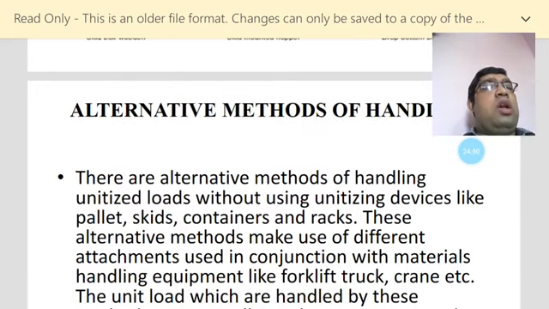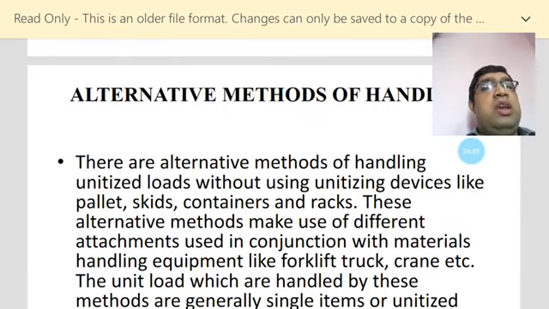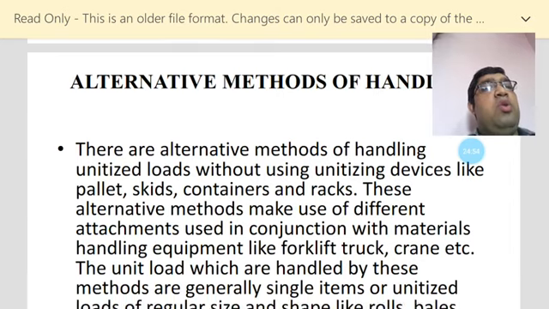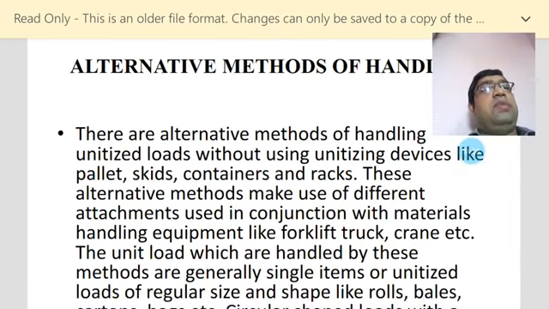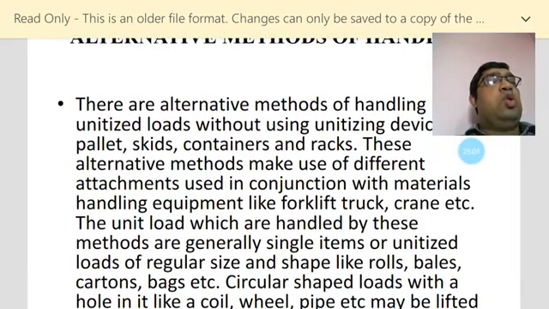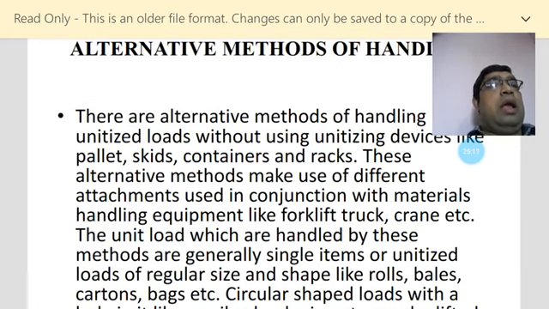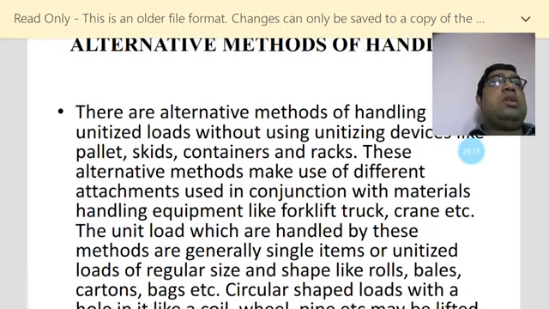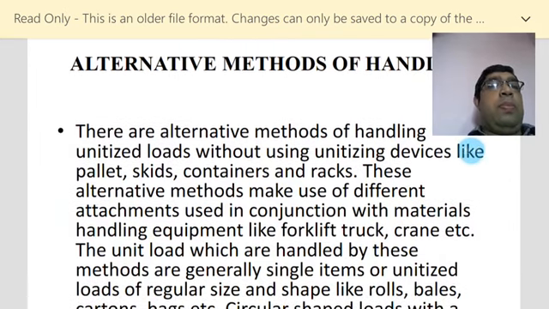There are alternative methods of handling unitized loads without using unitizing devices like pallets, skids, containers and racks. This is called the alternative methods of handling. Basically, we have already discussed unitized loads and how they can be transferred to skids and pallets.